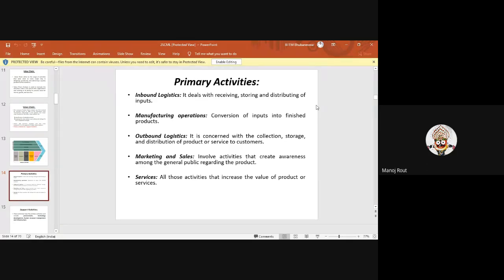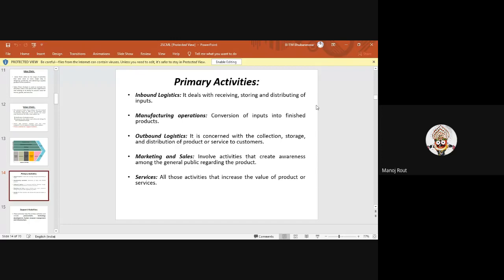The first one is inbound logistics. As I told in the last class also, it deals with receiving, storing and distribution of inputs, that is raw material, inside the organization. That is why nowadays companies are focused on flexible machines for receiving raw materials and transportation of raw material inside the organization.